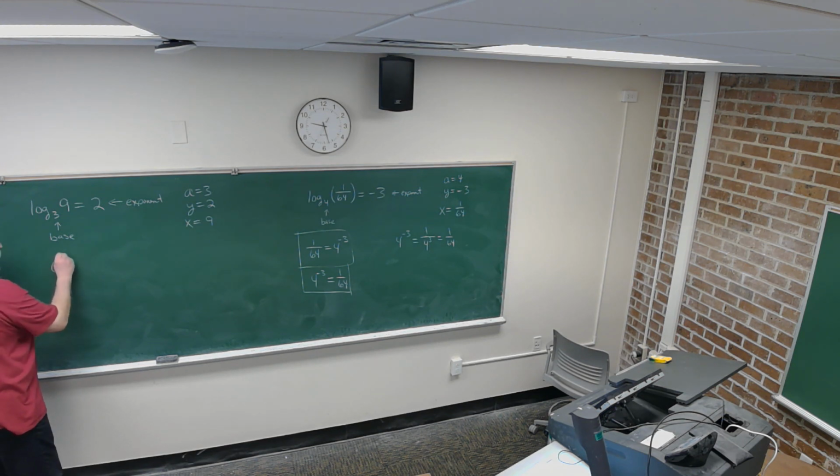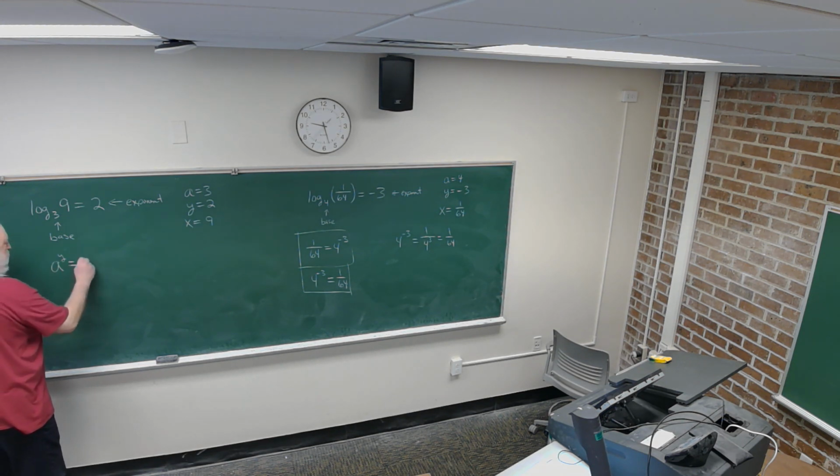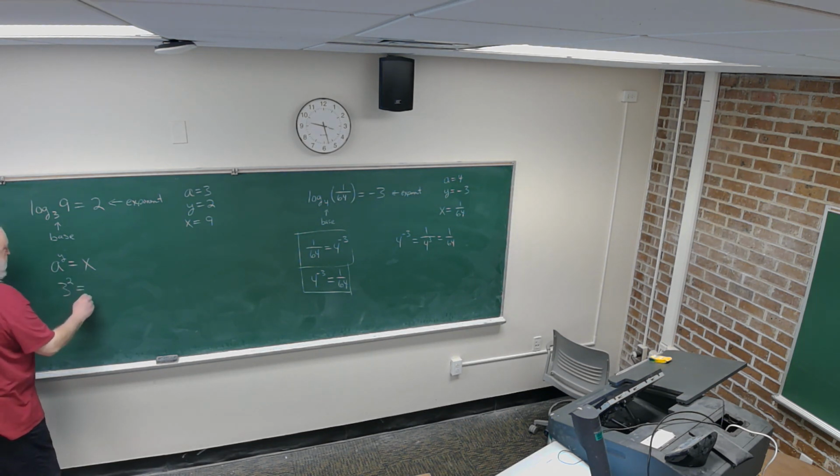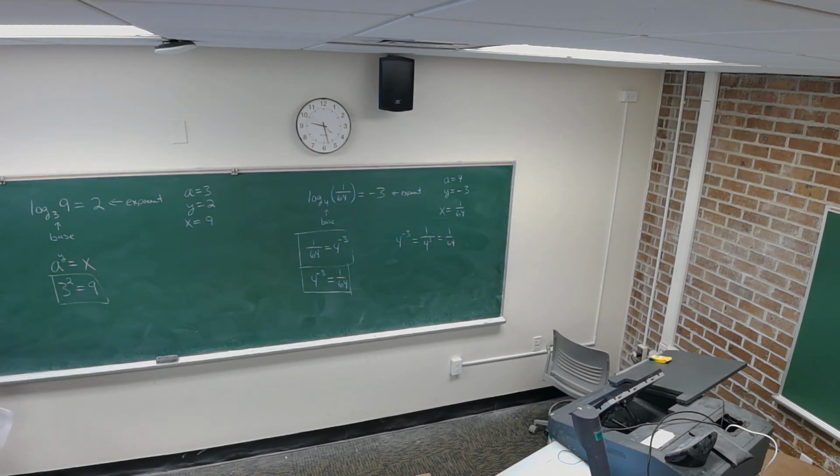So a to the y is equal to x. A in this case is 3, y is 2, x is 9, and so we have 3 squared is equal to 9. Is that a true statement?